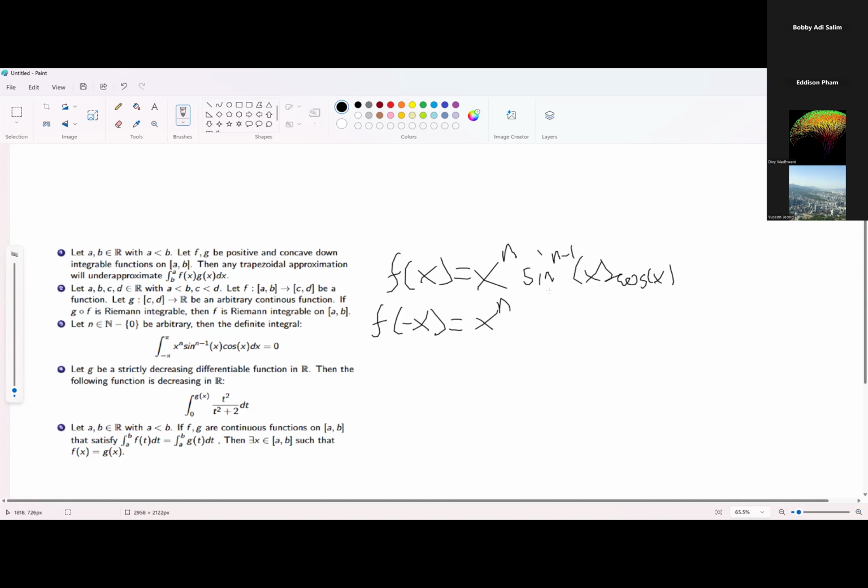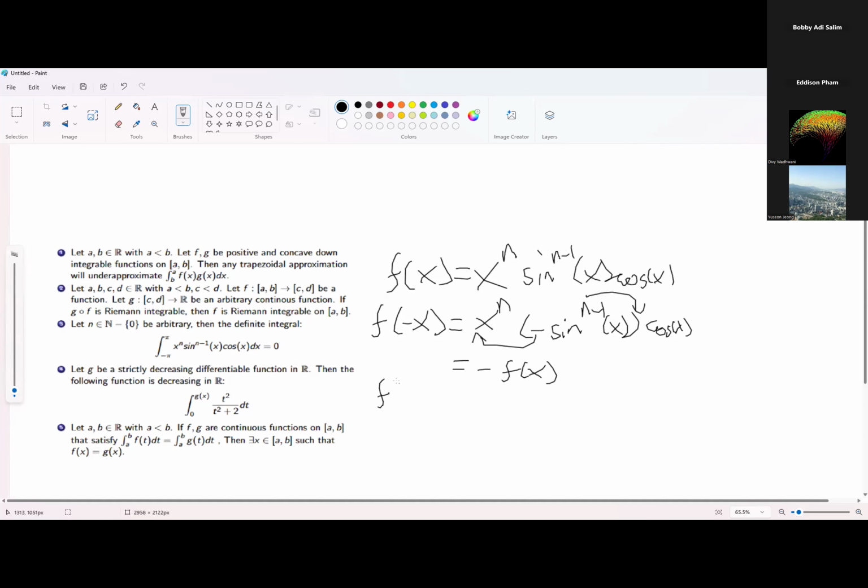But sine is an odd function. So that means we can pull this out here. And then cosine just remains the same because it's an even function. And now notice this negative sign can just be pulled out such. This exponent's supposed to be right here. But you guys get the point. And then you get negative x.